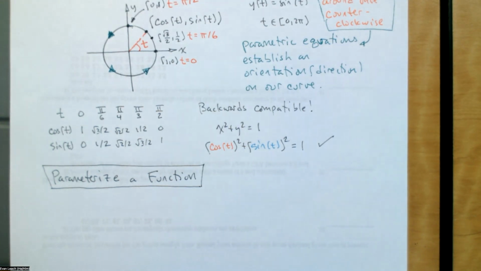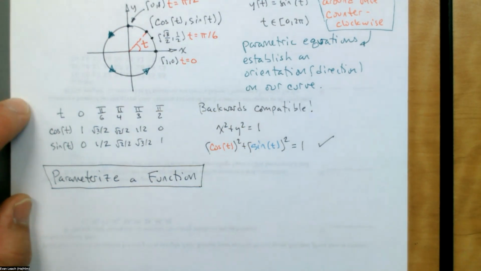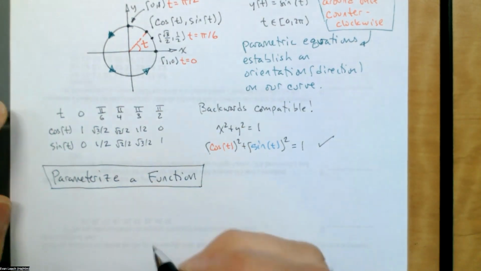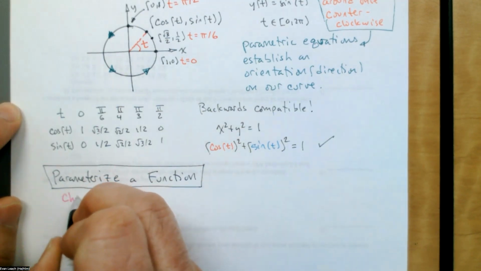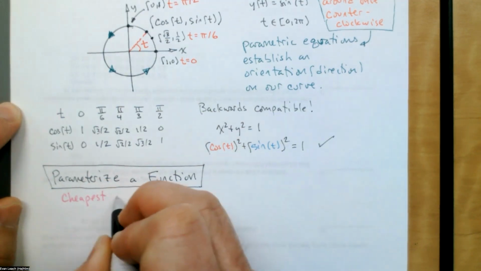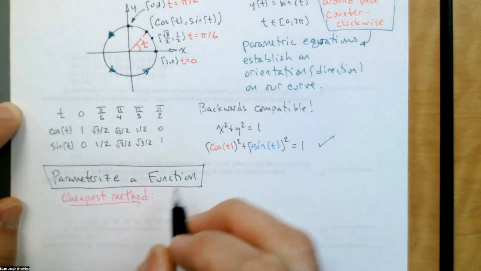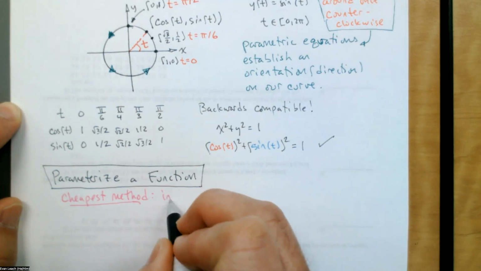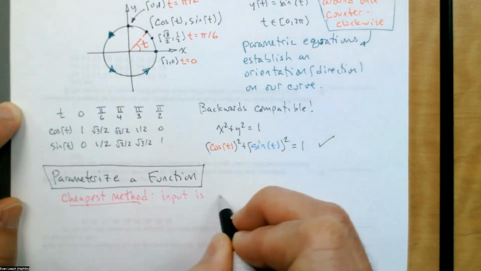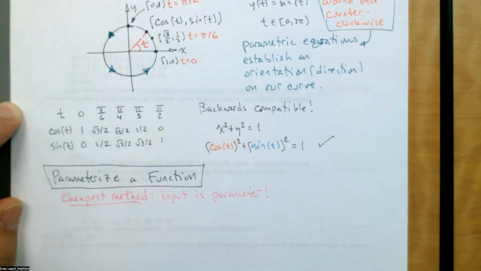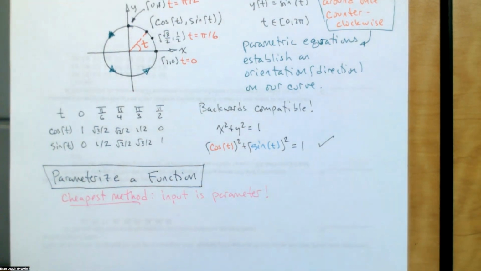The cheapest way to parameterize a function is to make the input a parameter. That's like the cheapest way to do it. So the cheapest thing to do is make the input the parameter.